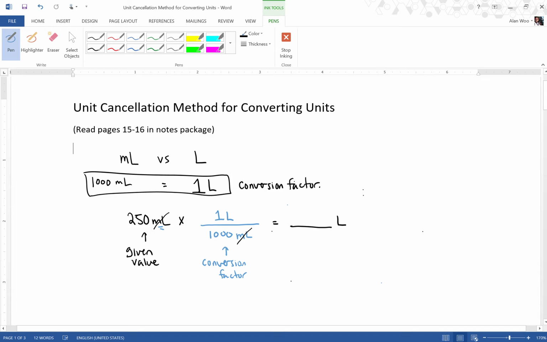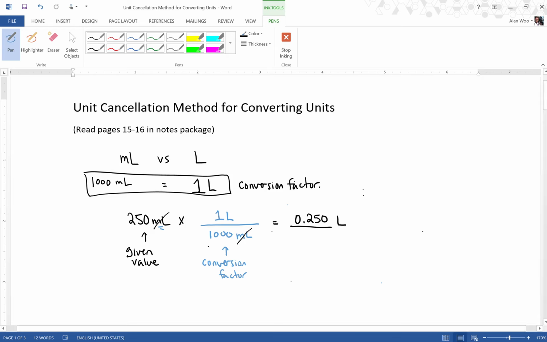If you punch it into your calculator, it will give you 0.250 liters. In this case it makes sense, because if you had made a mistake and multiplied instead of dividing, 250 milliliters does not equal 250,000 liters. That's way too big.